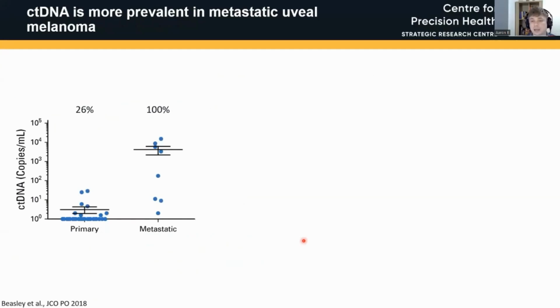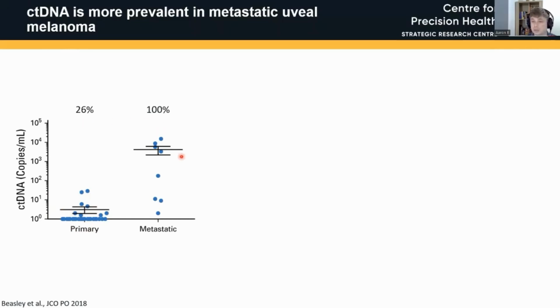So a couple of years back, a part of the study we published was comparing ctDNA in primary disease versus metastatic. And as you can see from the graph, the levels of circulating tumor DNA at the primary stage are very low compared to metastatic, and the number of patients that have positivity are also very low.